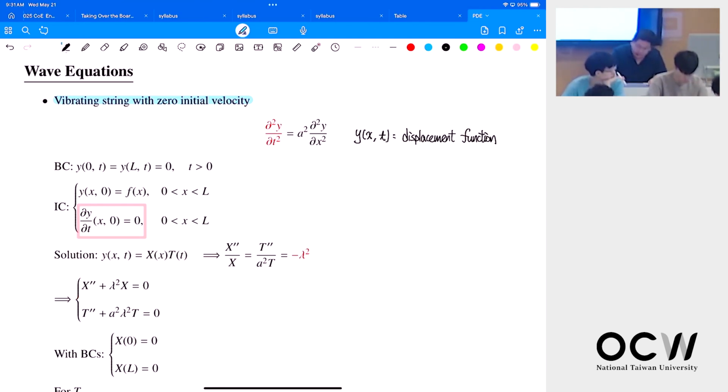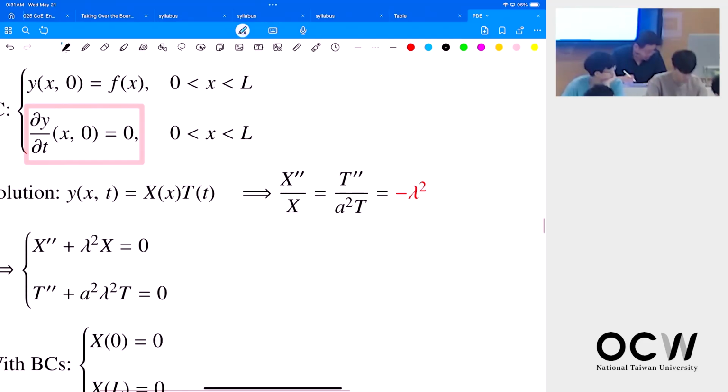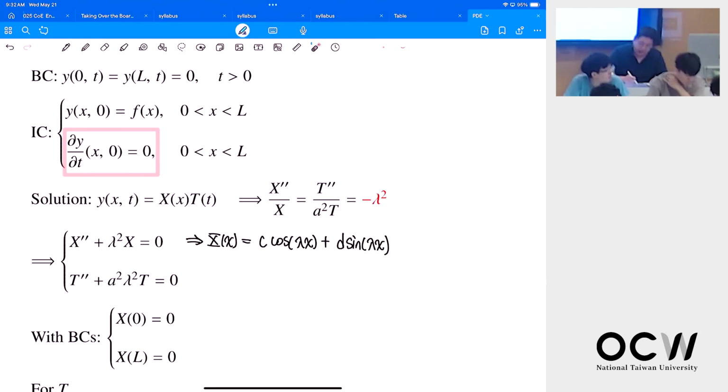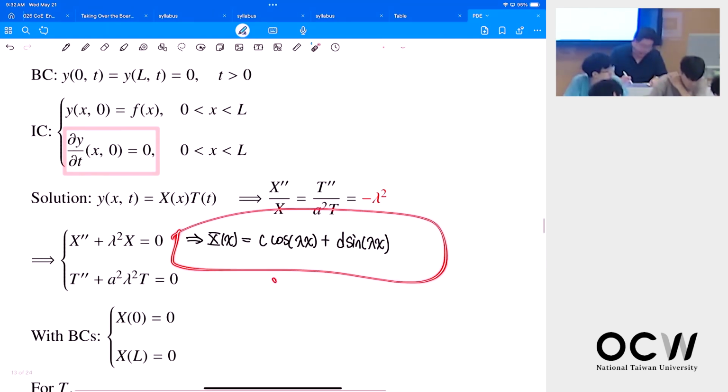So immediately, we can say that x is a combination of cosine and sine: C cosine lambda x plus D sine lambda x. Let's just deal with this equation first.